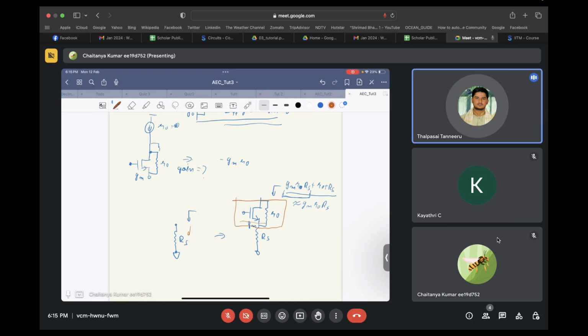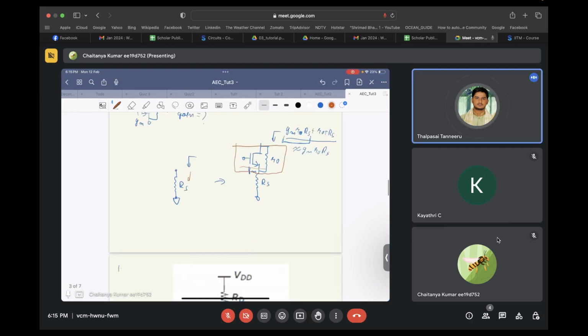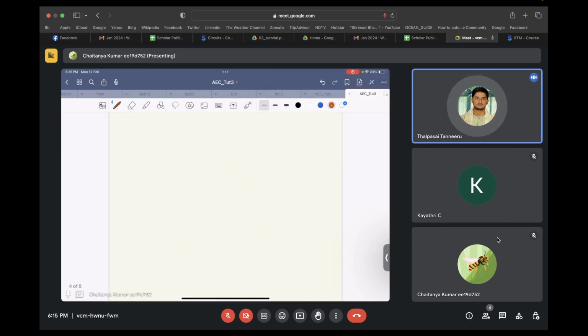In a MOSFET in saturation mode, after the overdrive voltage, it would be flat. The ID versus VD characteristics.